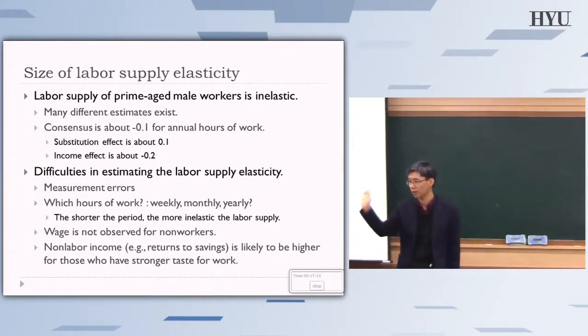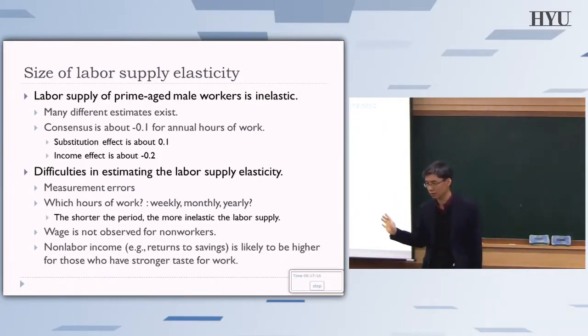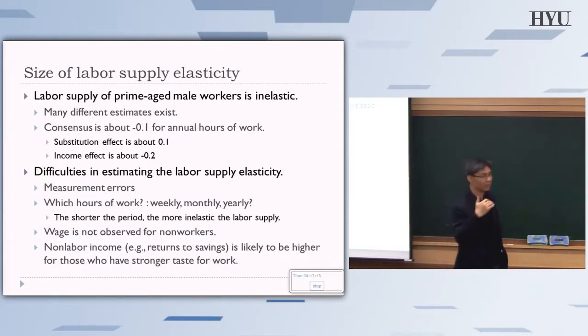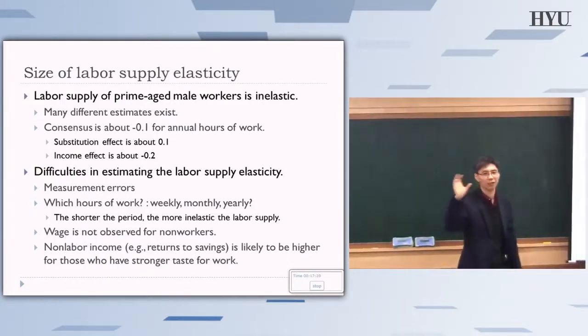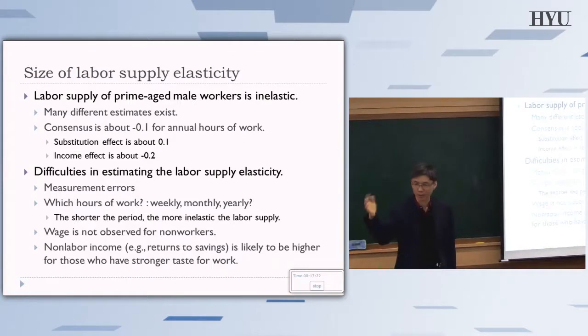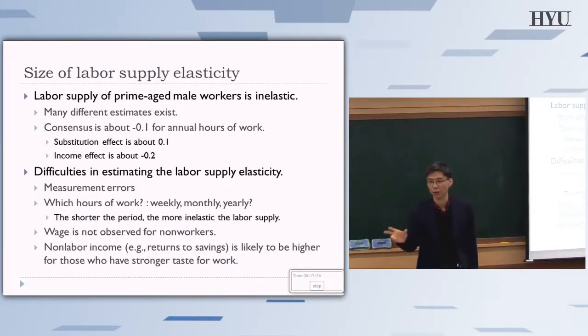They don't have any other financial assets. So generally high wage is linked with high non-labor income, and low wage is linked with low non-labor income. So it turns out it is difficult to separate the effect of wage from the effect of non-labor income, right?